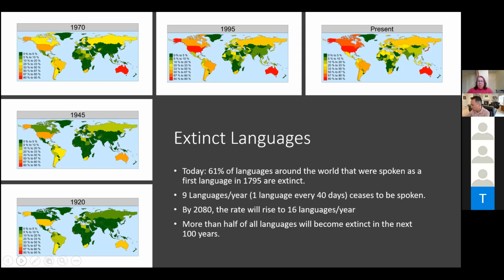And Richard will talk more about acculturation during his talk. In 1945, a lot of the loss of language was associated with nationalism, urbanization, and globalization, especially with the resettlement of a lot of people after World War II.